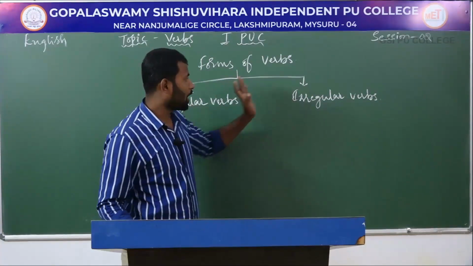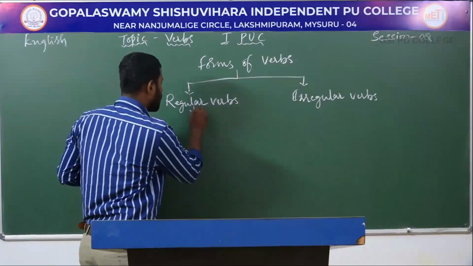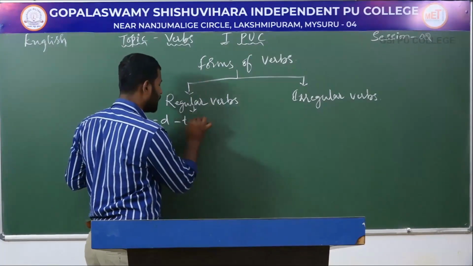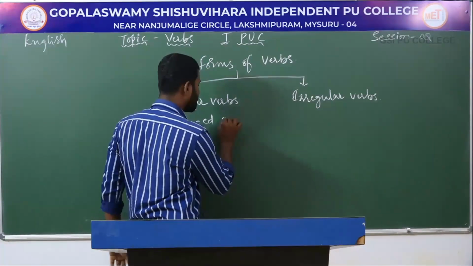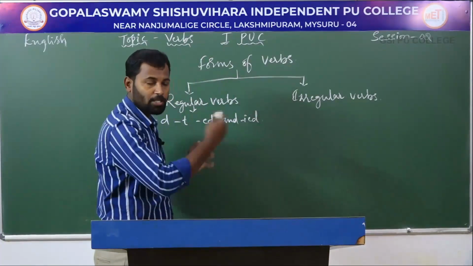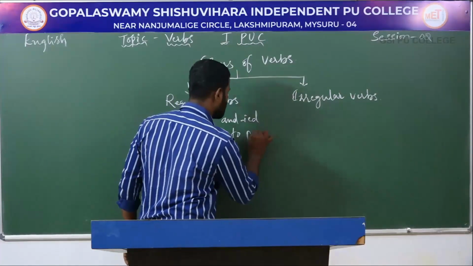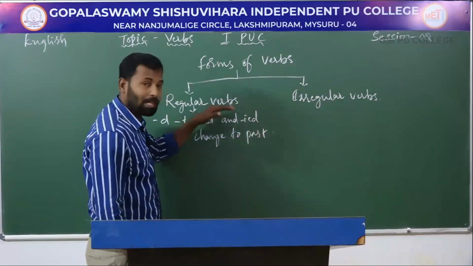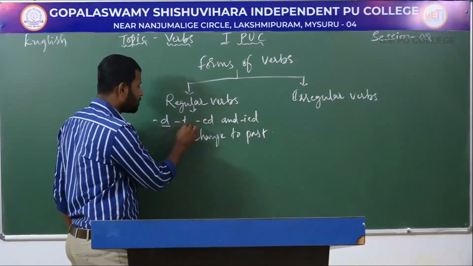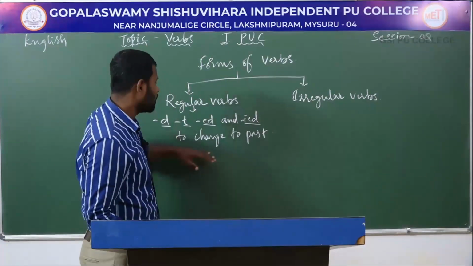Regular verbs will always take D, T, ED and IED forms to change to past tense. So regular verbs use suffixes like D, T, ED and IED to change to past.